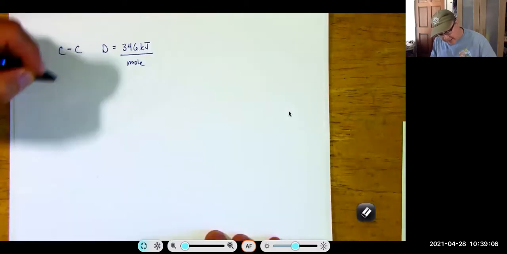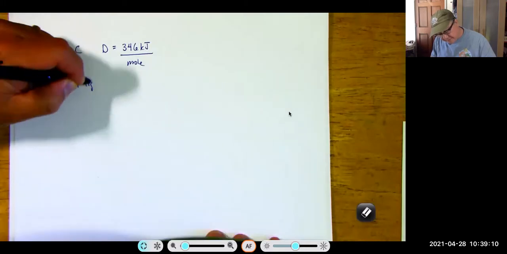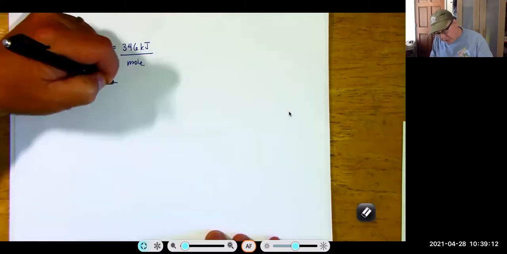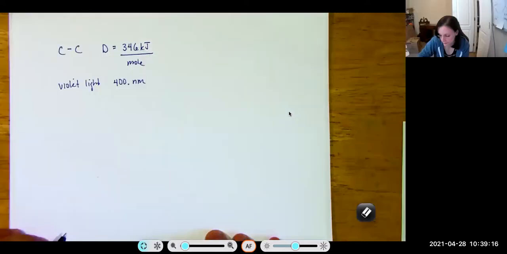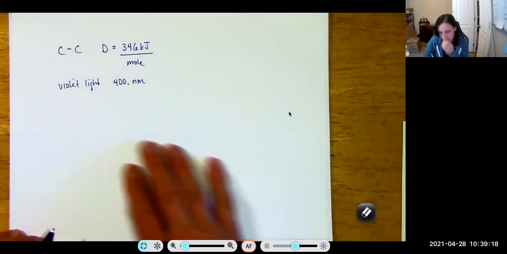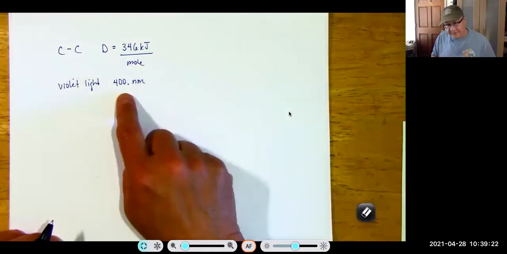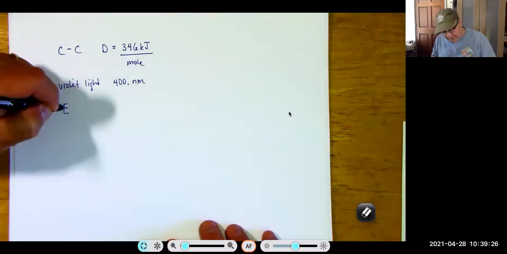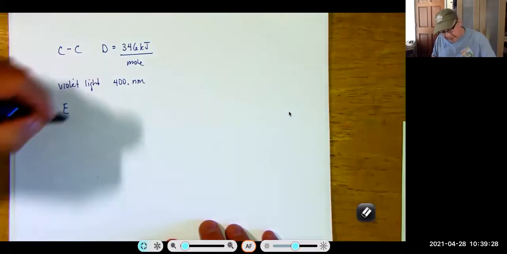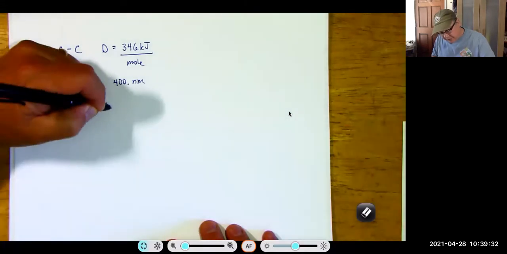And then we have violet light, which is 400, and we're going to call it 400.0 nanometers. So naturally, this is an energy, so you want to convert this to an energy. How do we convert this to energy? Energy is equal to h nu, which is also hc over lambda.